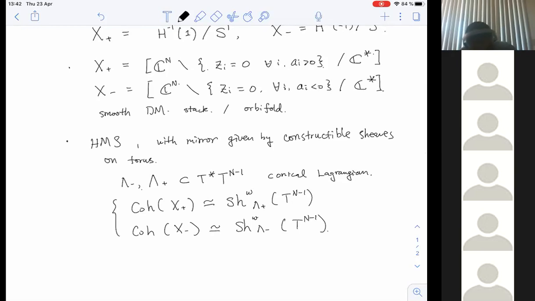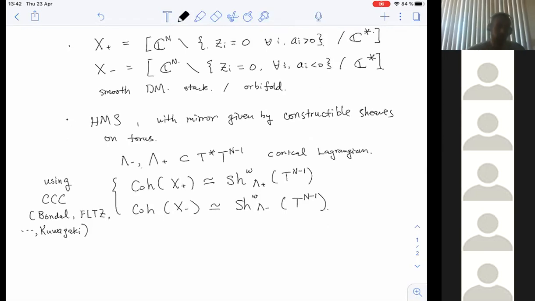These are using the coherent constructible correspondence, originally due to Bondal providing the idea, then developed by Fang, Bohan Fang, Melissa Liu, Treumann, Zaslow, and then Kuwagaki. There are many people I omitted, and the final form we use here is due to Kuwagaki. So that seems to be a satisfactory story.